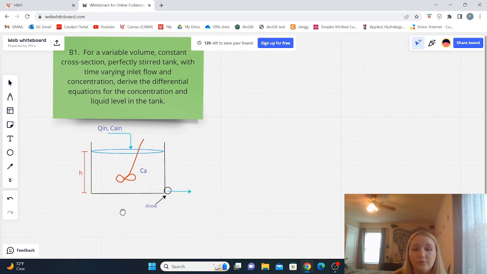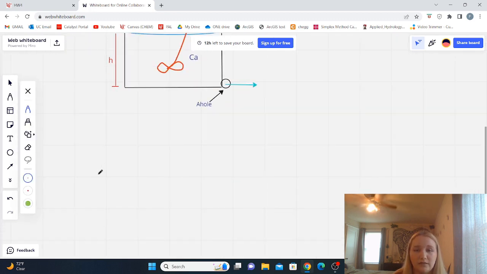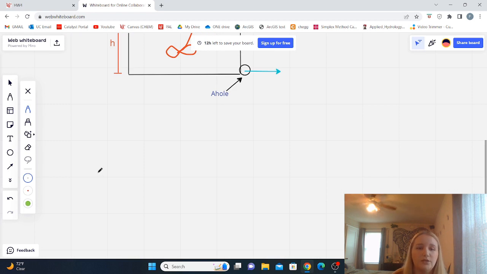So to start this problem, we're going to do an overall mass balance. Let's start with D, and then for now, we're just going to put mass.